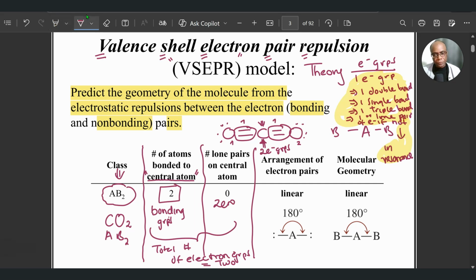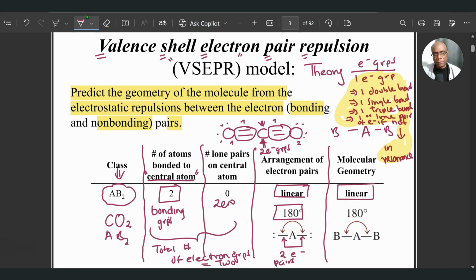Okay, so now the arrangement of electron pairs will be the bonding electrons and non-bonding electrons. There are only two electron pairs. 360 divided by 2 will give you 180, and the electronic shape is going to be linear.